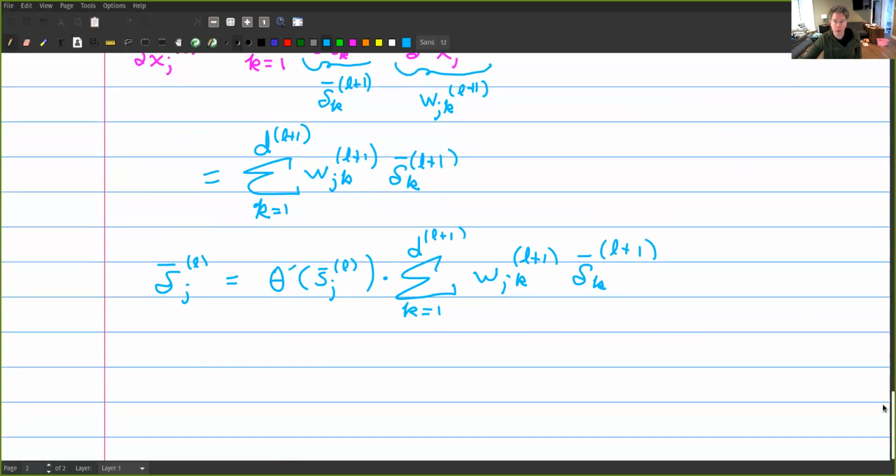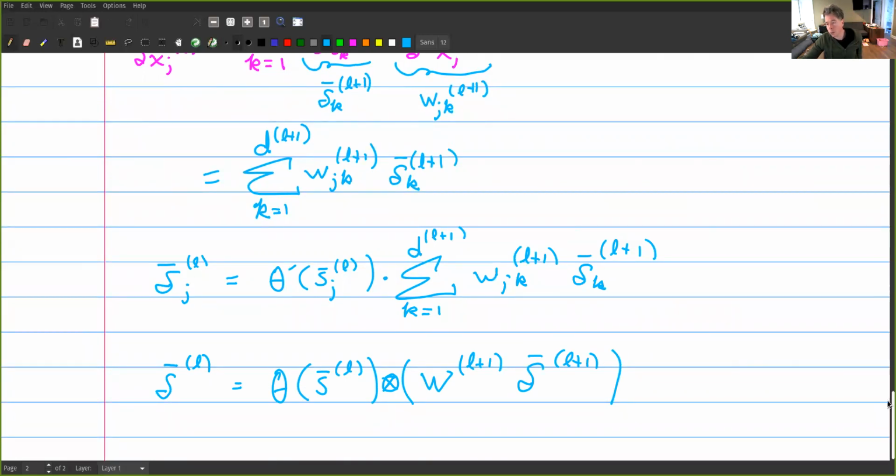That is the jth entry. And now if you figure out what this is in terms of the entire vector, it turns out to be exactly this: the first part is easy, you just drop the j here. Then it has to be respective multiplication, and if you put delta L plus 1 here, then this other stuff works out exactly right.